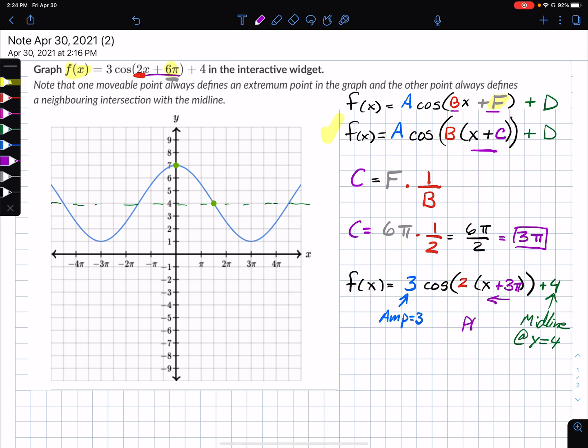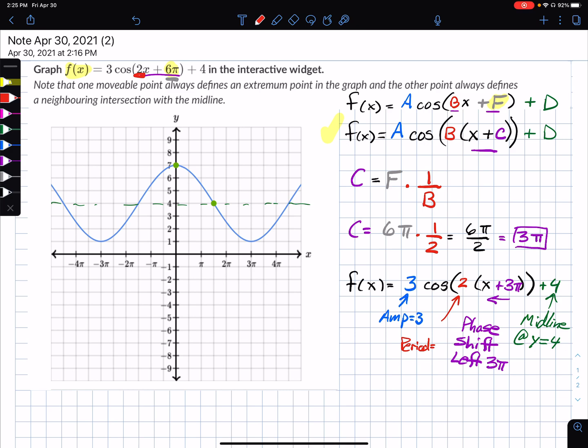So I'll just say that in words. Phase shift is a horizontal shift left, because we're adding 3 pi units. And so we'll be tracking our anchor point with that phase shift. And then the last thing I'll mention is the b value of 2 is going to give us a period length.